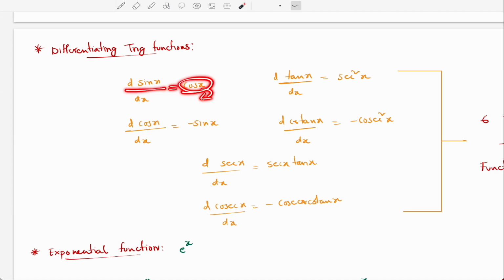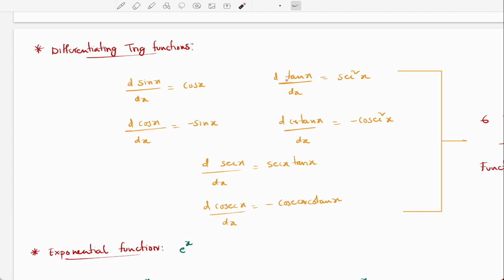We all know that, right? I'm not going to explain how this came about. I want you to explore it on the internet so that it will be easy for you to understand how the derivative is taken. So we have the derivative of cos x, which is equal to minus sin x.